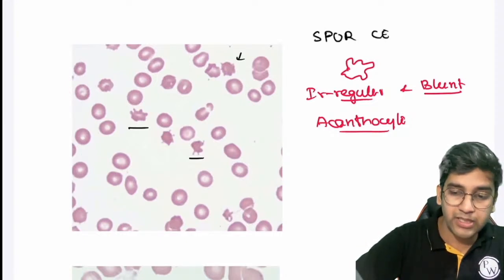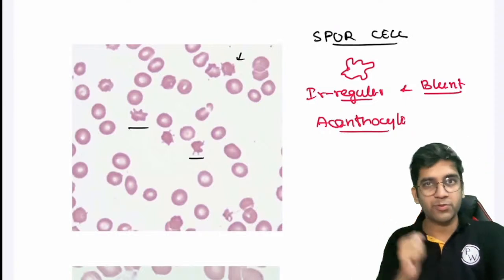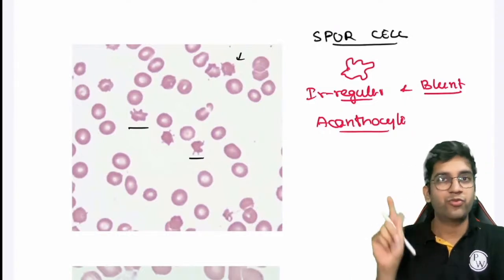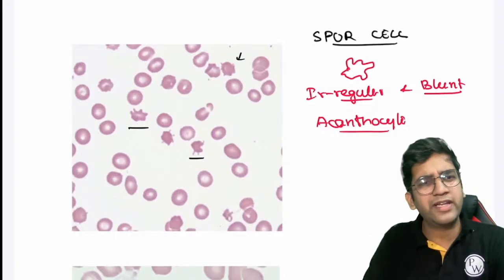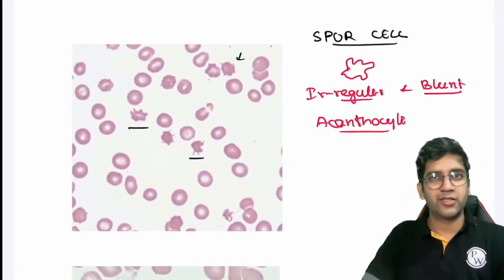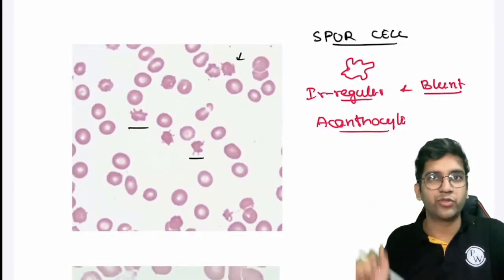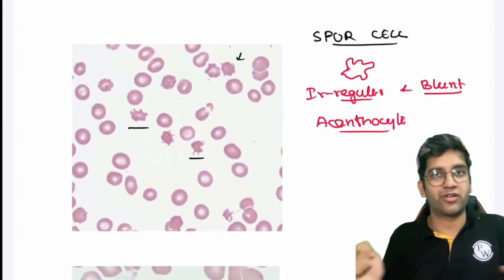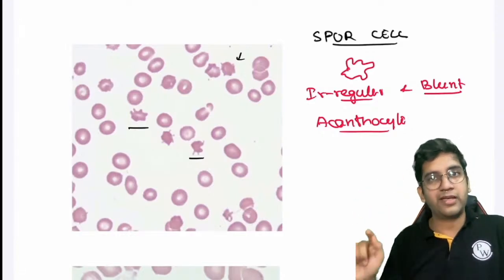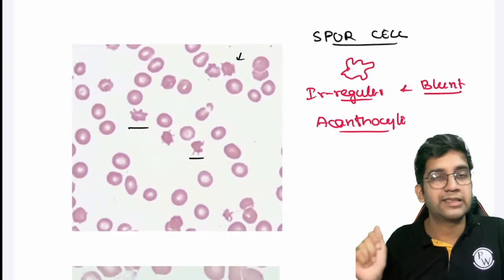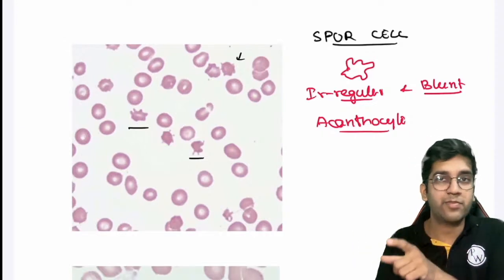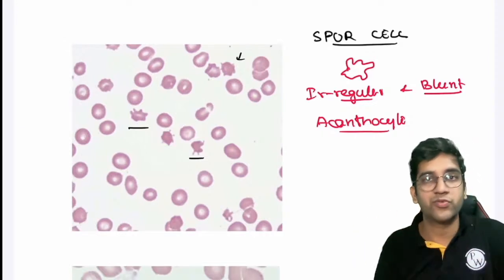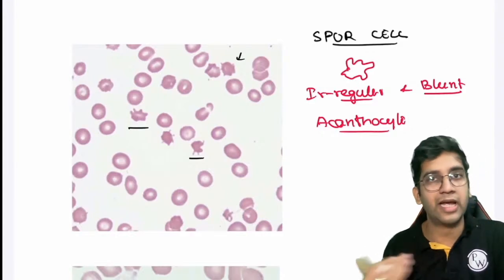Do remember this. I'll tell you how to remember spur cell. The name spur came because if you have seen any old English movies, cowboy movies, the cowboys will have a ring on the foot that's used to kick the horses for running. That is a blunt and irregular wheel-like thing, right? That's called a spur. So this RBC looks like the wheel on the cowboy's foot, so it's called a spur cell or an acanthocyte.